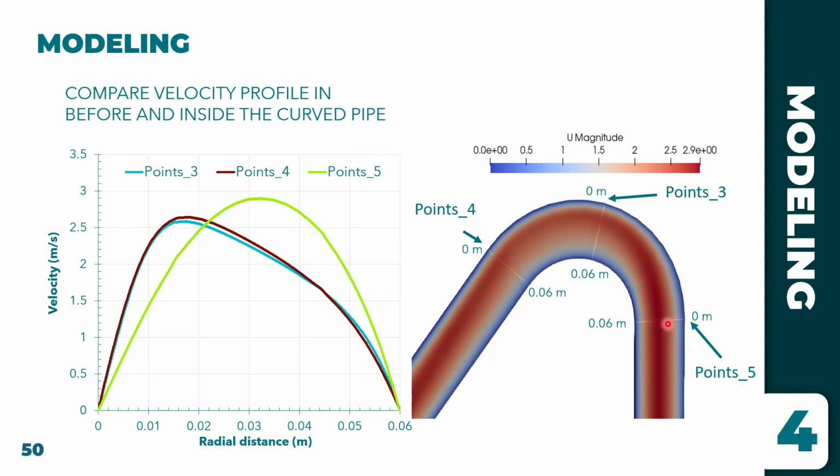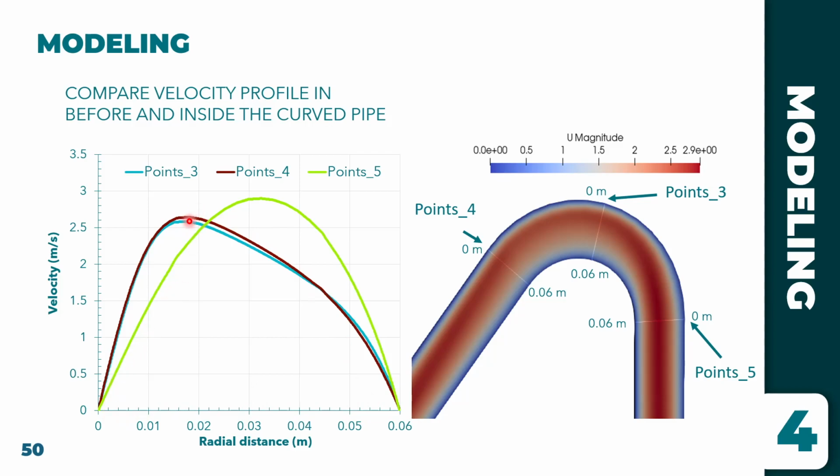They have a tendency to go further, close to the wall, and then redistribute this velocity profile later on in the straight part. So that's why we have this weird velocity.